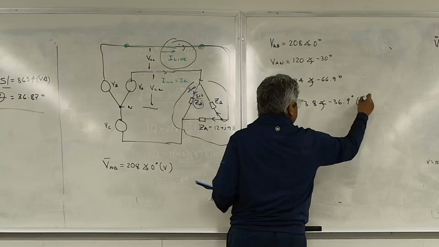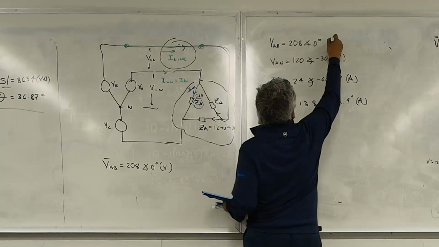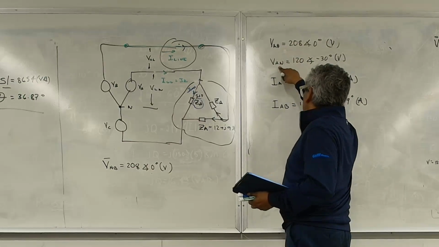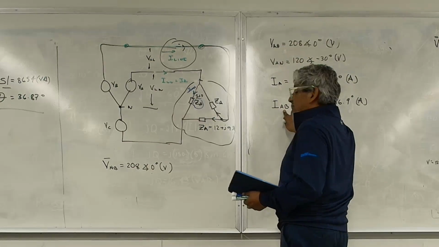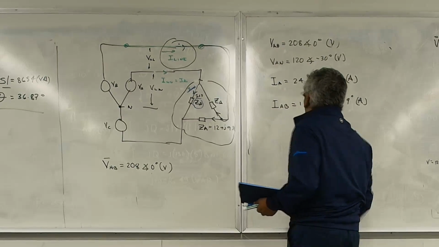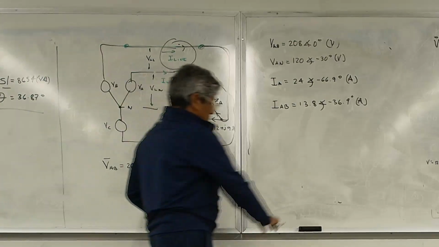These are in amps and these are in volts: phase to phase or line to line voltage, line to neutral voltage, line current and load current.